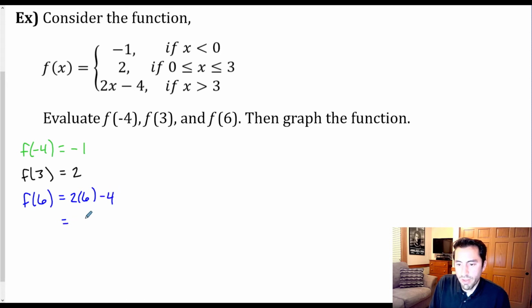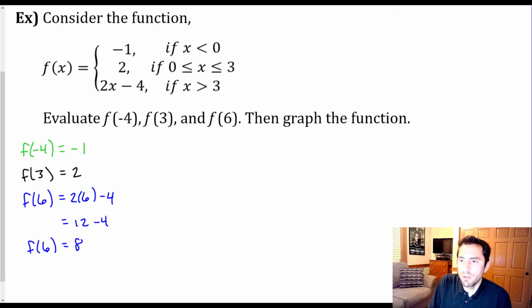If we simplify that, 2 times 6 is 12, minus 4. So f of 6 is equal to 8. Okay. Now these results are basically y values as well, so they can help us out when we're trying to graph the function.